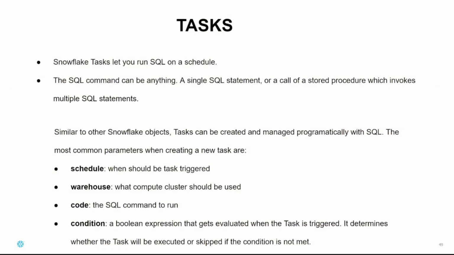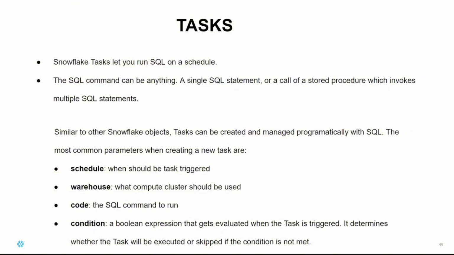The third one is that you need to have a SQL command to run. This could be a single SQL statement, or you could have a stored procedure where you can club multiple SQL statements if you want to run them as part of your task. The fourth one is a condition, a Boolean expression that gets evaluated when the task is triggered, right? So it determines whether the task will be executed or skipped if the condition is not met.